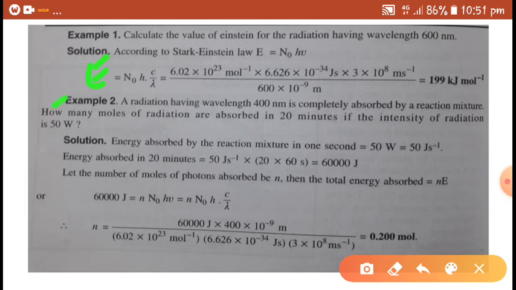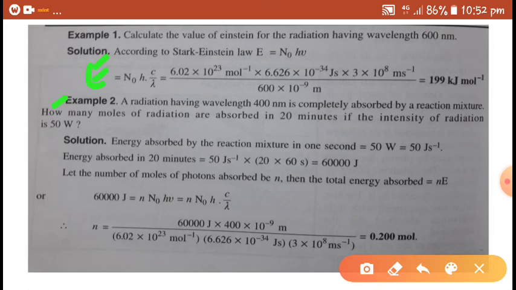And the second example is: a radiation having wavelength 400 nanometers is completely absorbed by a reaction mixture. How many moles of radiation are absorbed in 20 minutes if the intensity of radiation is 50 watt? What is he asking us?